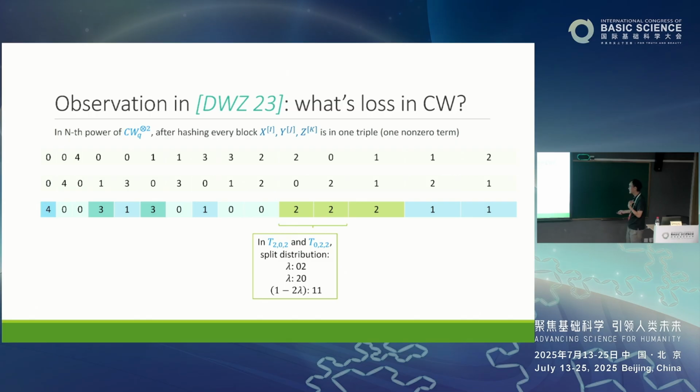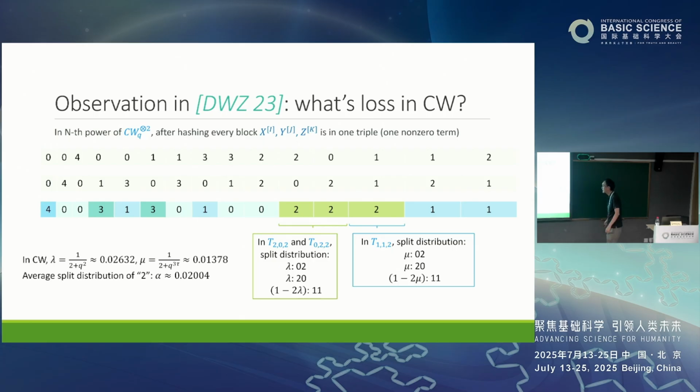But if we look at it in detail, we can see that, in fact, the number of variables you use decreases. This is because if we look at the stability distribution on Z, then in 202 the distribution is lambda, and in 112 the distribution is mu. And they are different, in fact.